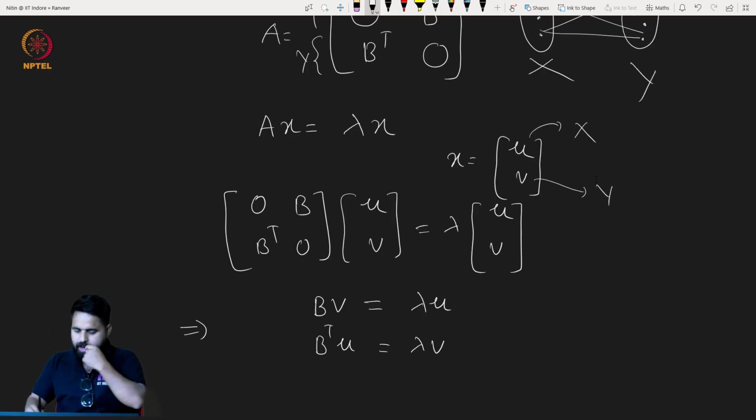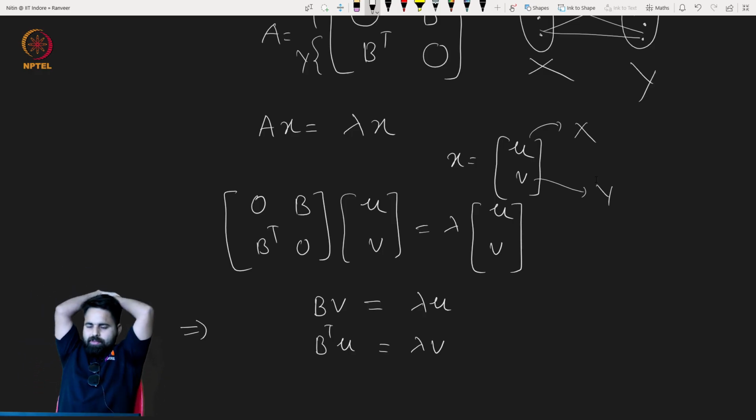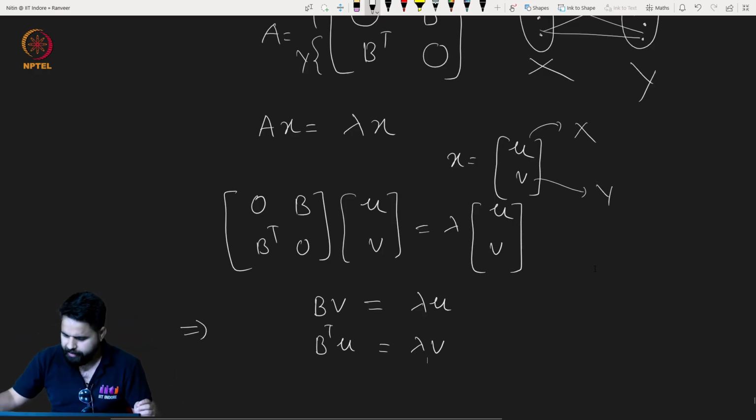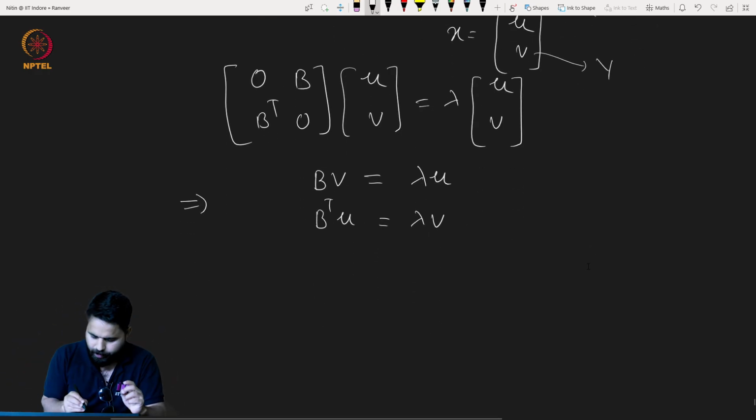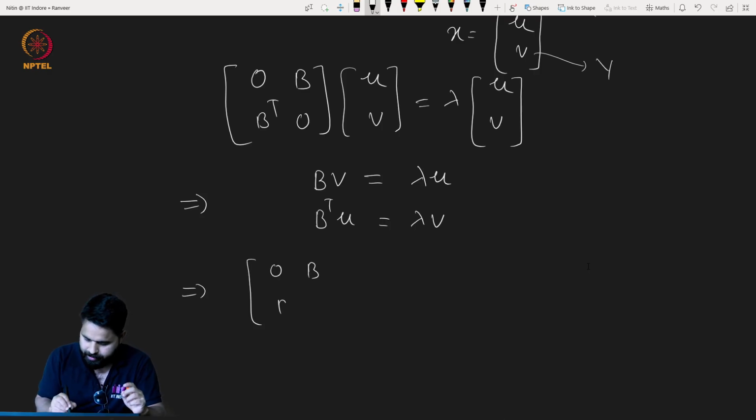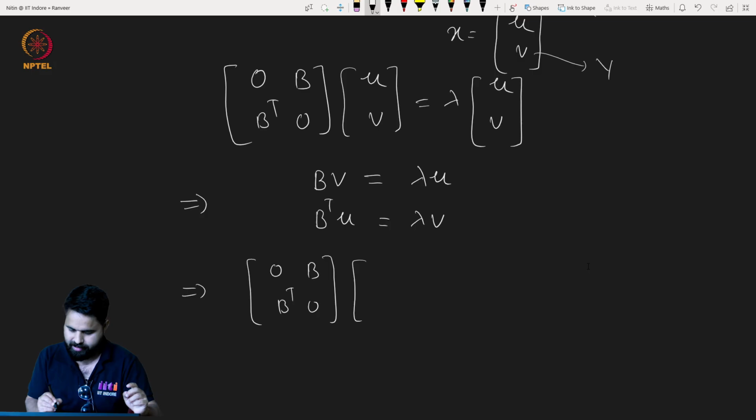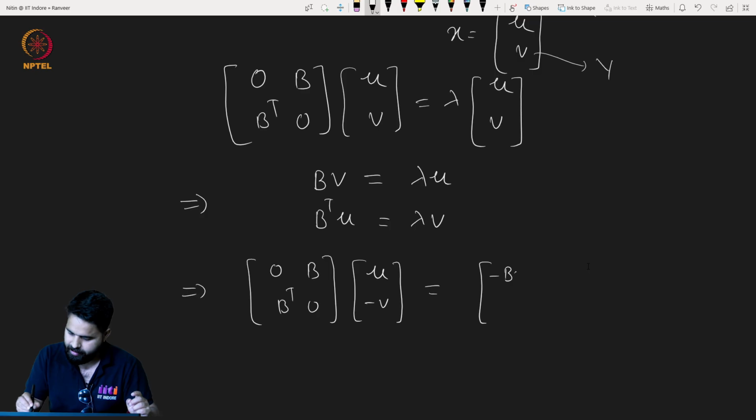Very good. Now what next? What next can we do? Okay, so I think we can do this. If you multiply the matrix [0, B; B transpose, 0] with (u, minus v), let us see what happens. This will give you a vector which is nothing but (minus Bv, B transpose u).